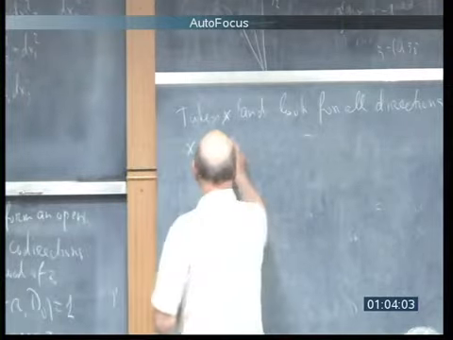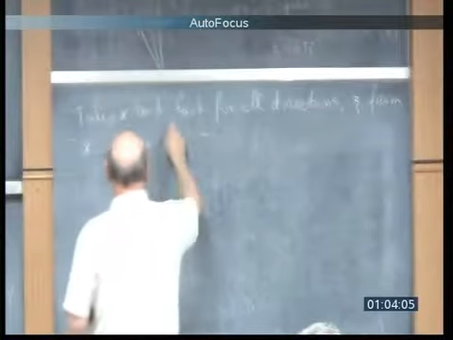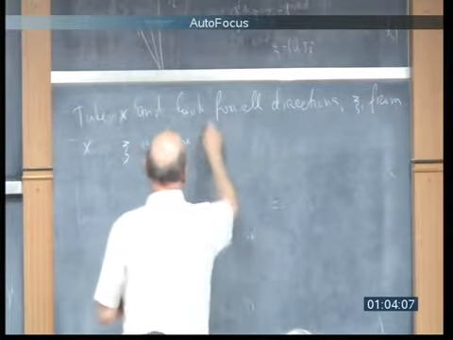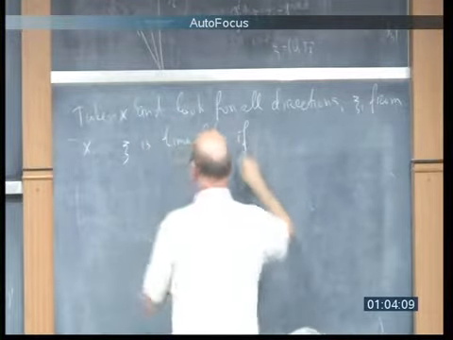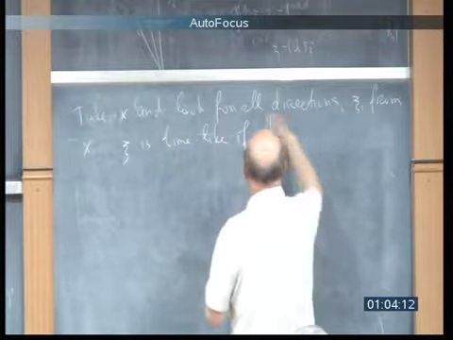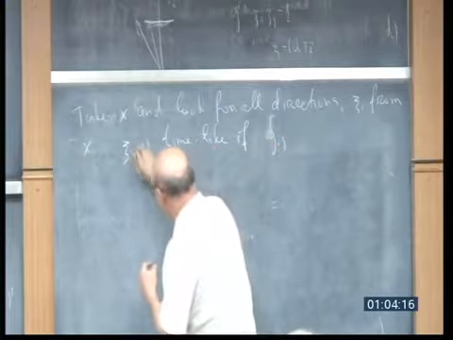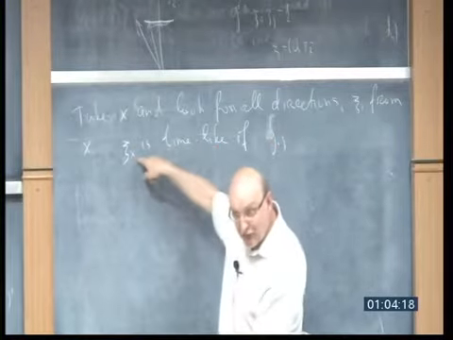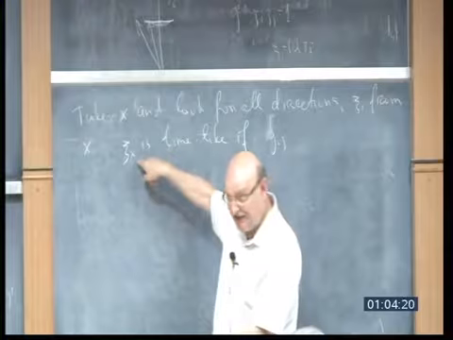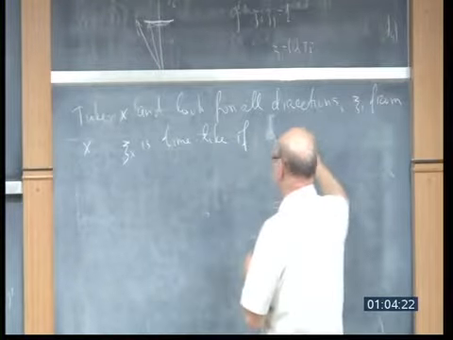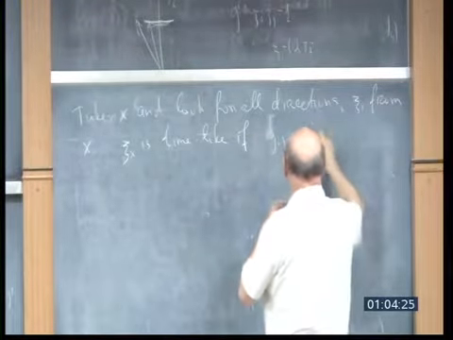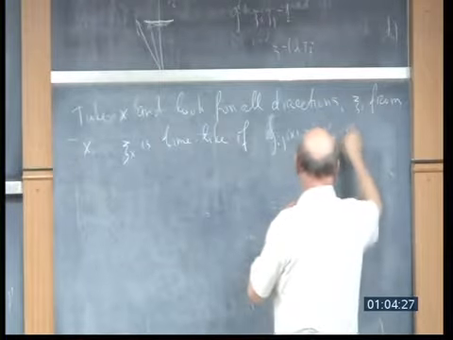So psi is time-like if Gij at the point x, psi i(x) psi j(x), is negative.